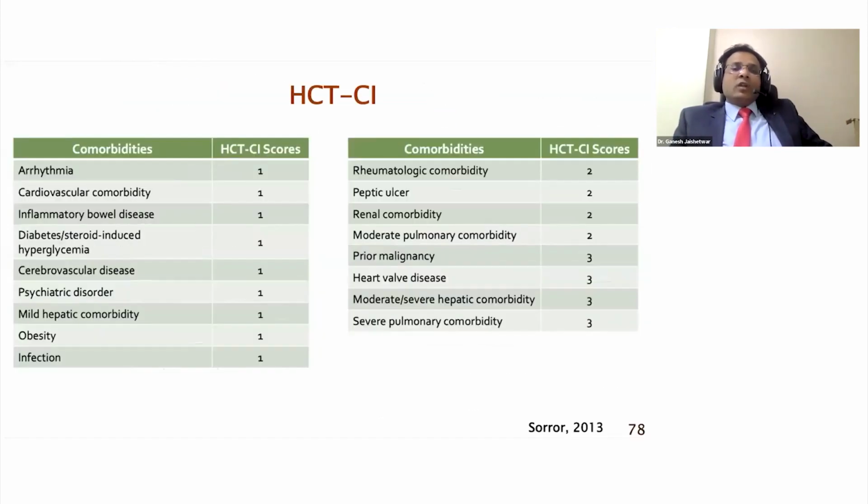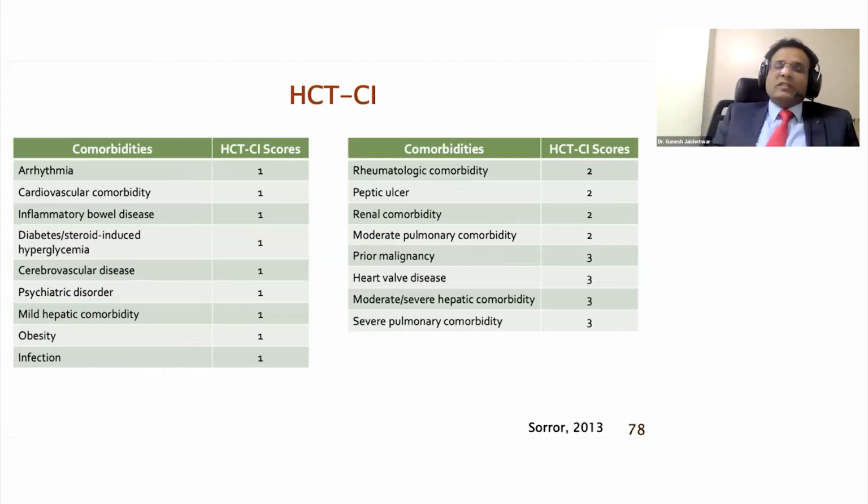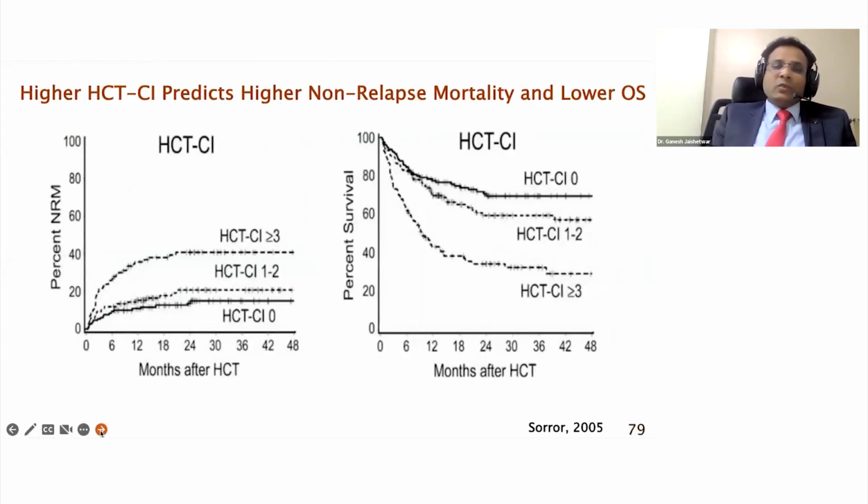Now coming to the stem cell transplant associated comorbidity index, the most famous and popular is the hematopoietic cell transplant comorbidity index. Again, you can see based on various organ dysfunctions, the score can vary, and based on these scores you can devise a risk. And how this is important, you can see for patients having an HCT-CI score more than 3, the non-relapse mortality, the toxicity risk, is more than 40%.